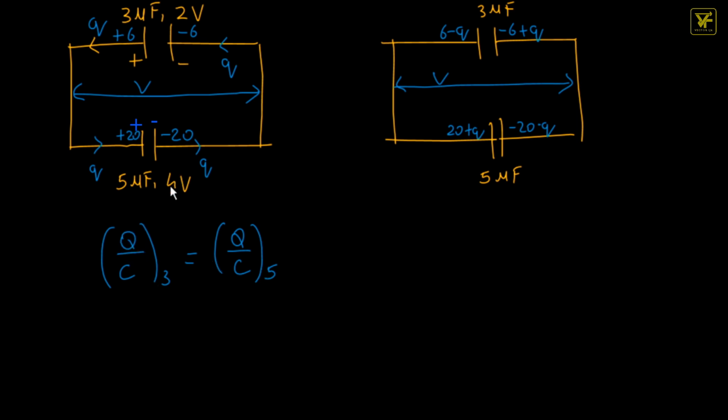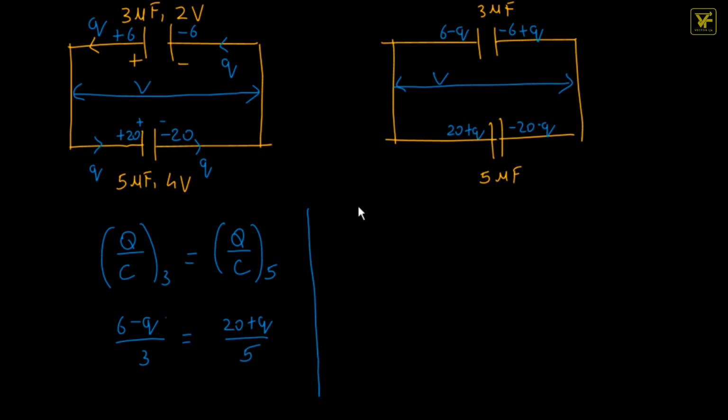Q is the charge on the positive plate. The positive plate for this capacitor has 6 minus Q. So (6 minus Q) by 3 should be equal to (20 plus Q) by 5.